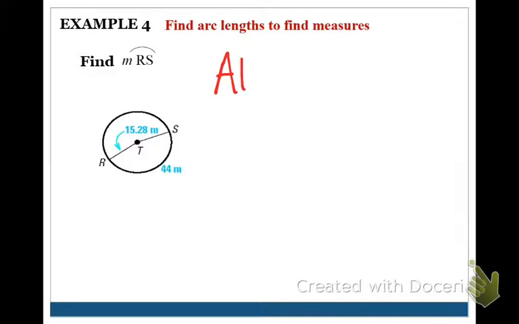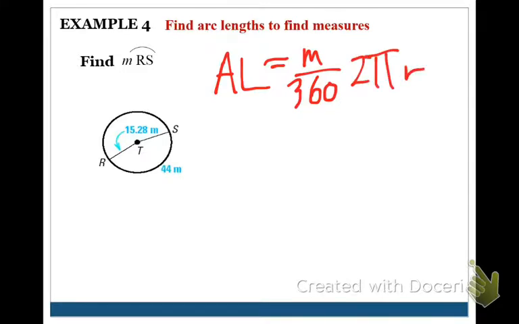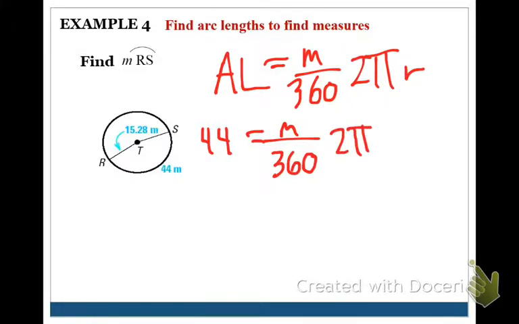Arc length equals m over 360 times 2 pi r. And then we plug in arc length equals 44 equals m over 360 times 2 pi, and my radius is 15.28.